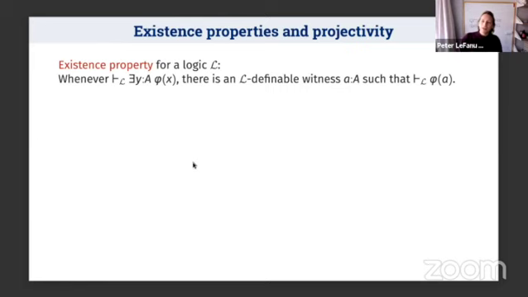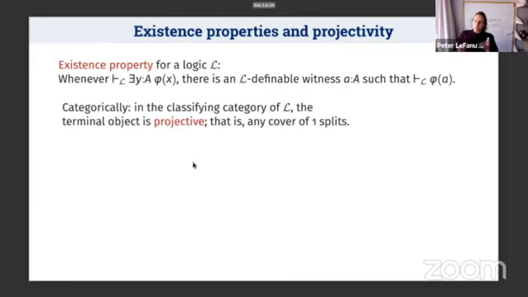witnessing the property. And then this categorically corresponds, if you've got a logical system that has a good correspondence with categories of some form, then in the classifying category of your logic, to the terminal object being projective. So any cover of the terminal object splitting.